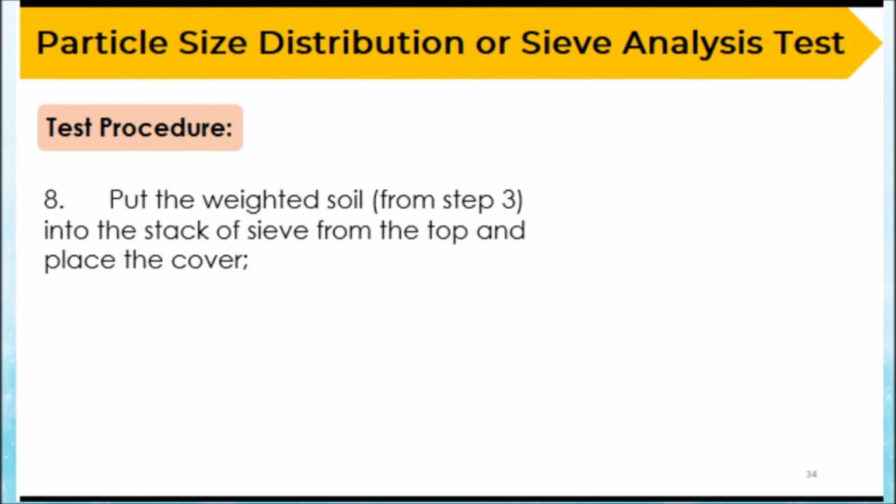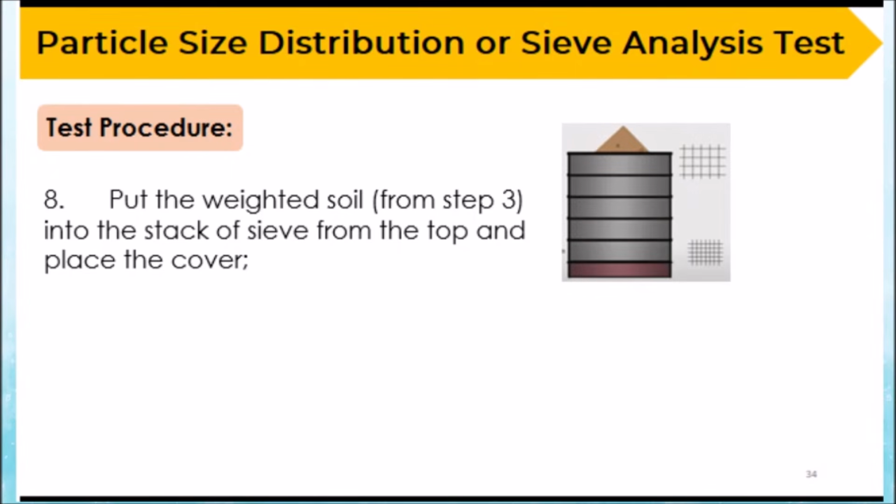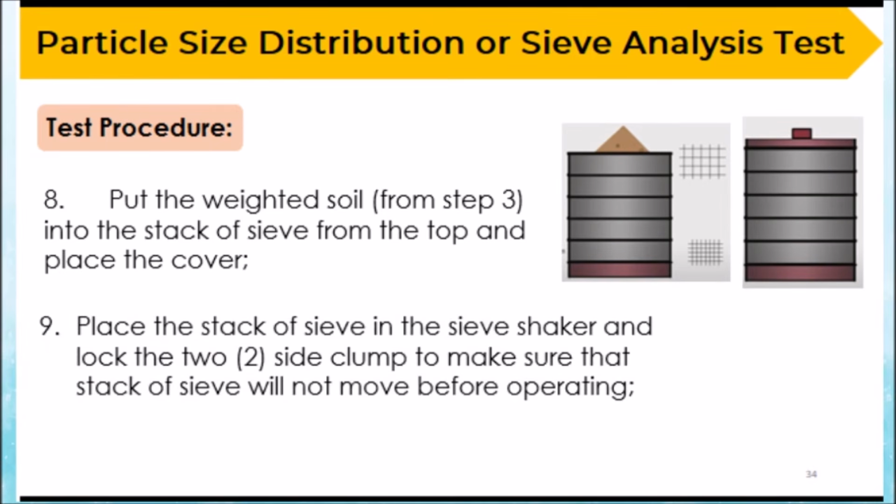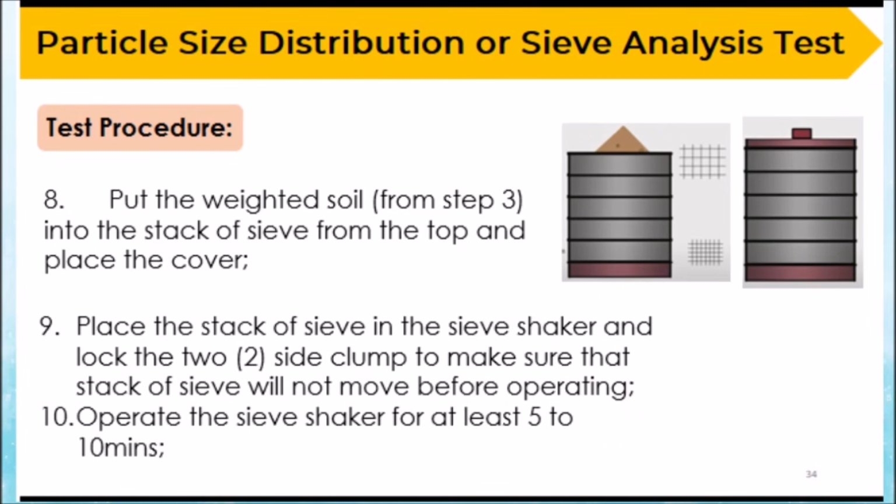So, next is to put the weighed soil from step 3 into the stack of sieves from the top and place the cover. Next is to place the stack of sieves in the sieve shaker and lock the two-side clamp to make sure that the stack of sieves will not move before operating.